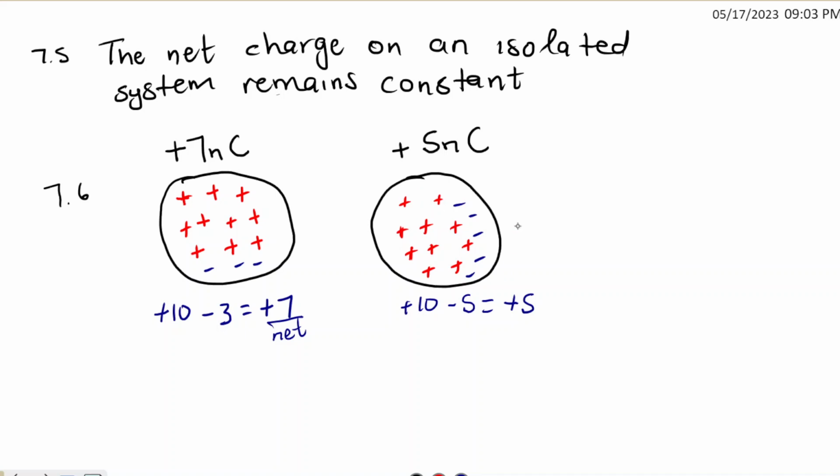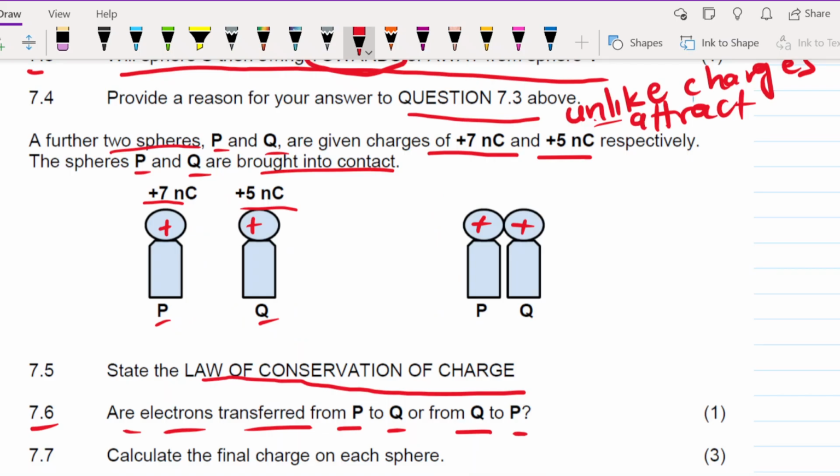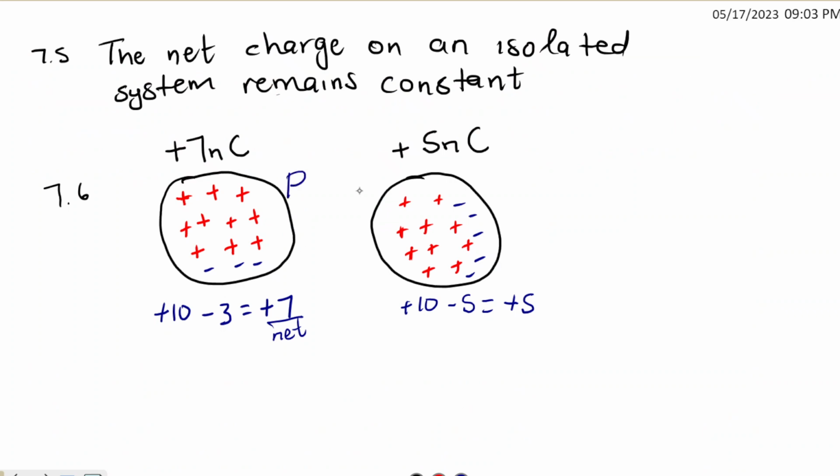So imagine this one is charge P, and this one is charge Q. The net that remains here is 7 more positives, and here you have 5 more positives.